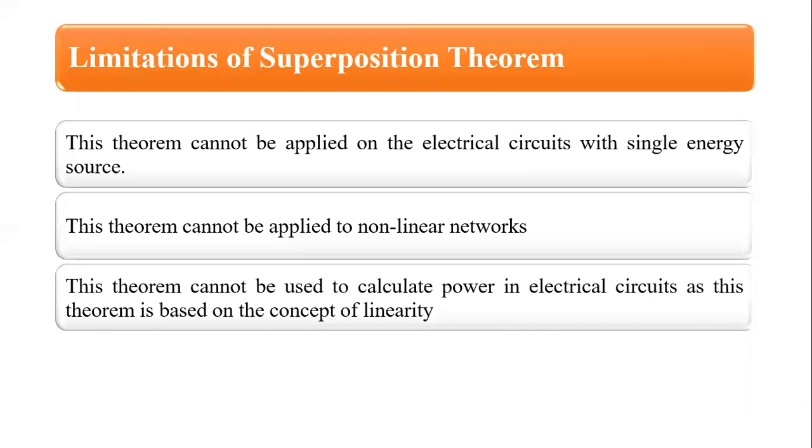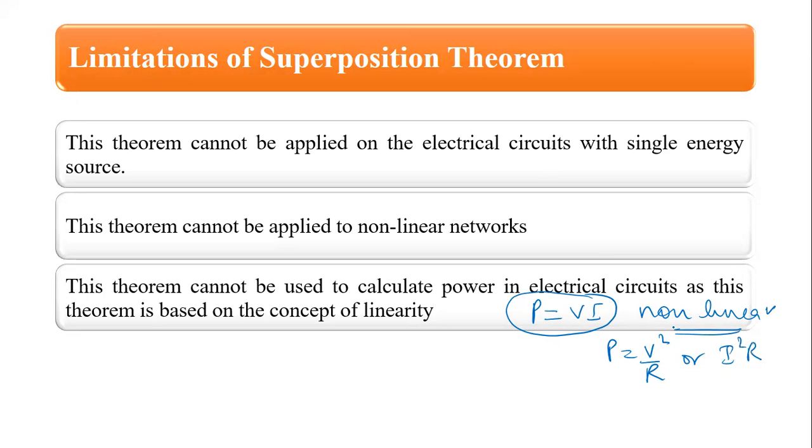This theorem cannot be used to calculate the powers in the electrical circuit because power is equal to V into I, and this would give you a non-linear relationship, right? Because P is equal to V square by R or I square R. So when it comes to square, this becomes non-linear here.